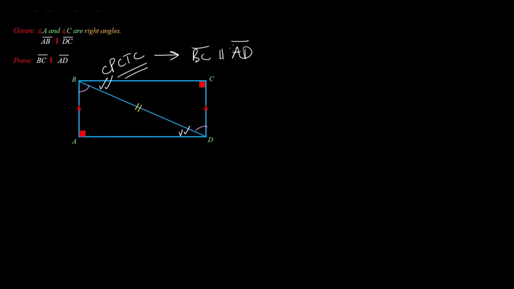If two lines are cut by a transversal such that the alternate interior angles are congruent, then the lines are parallel. That's the converse of the alternate interior angle theorem, and that's how we prove it. So this was actually written as a paragraph proof. If you were to write a paragraph proof, you would basically string the thoughts together as such.